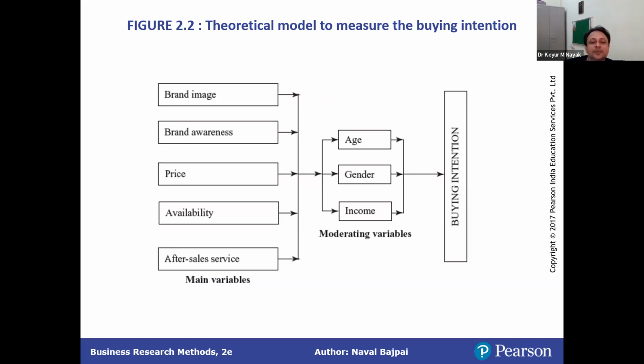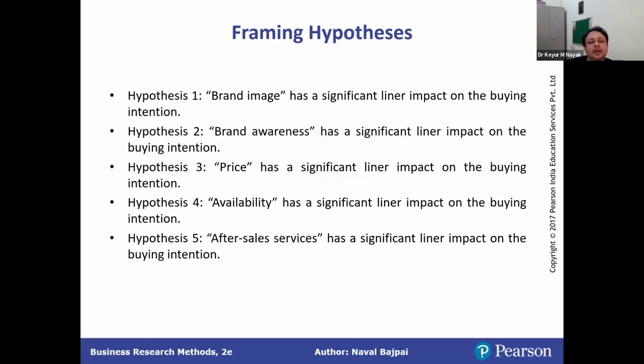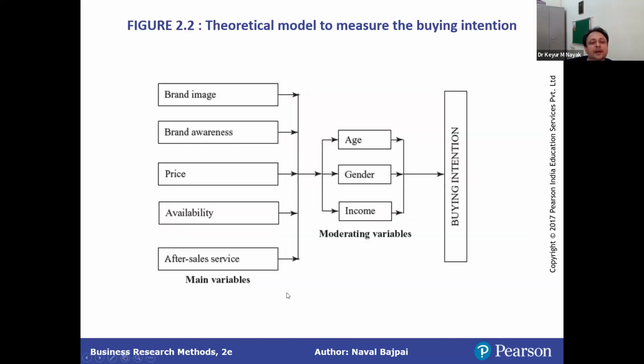This is an example of how to write a hypothesis. Look at the hypothesis. So once this theoretical model is clear in your mind, how many hypotheses do you see over here?